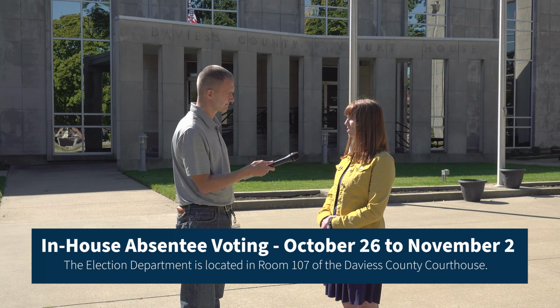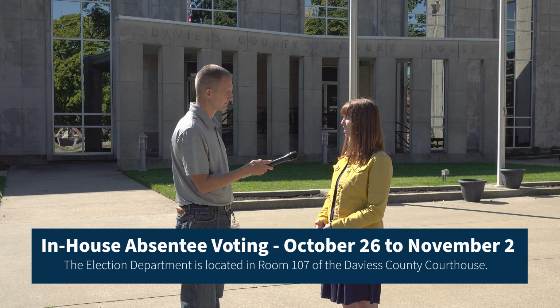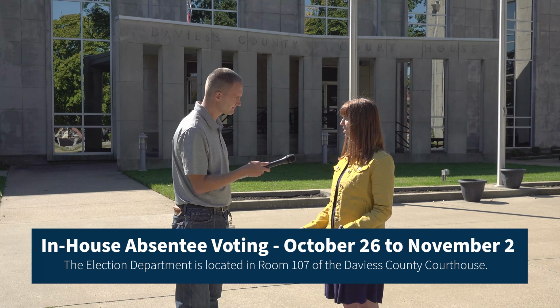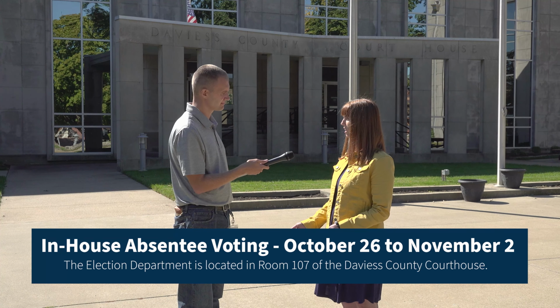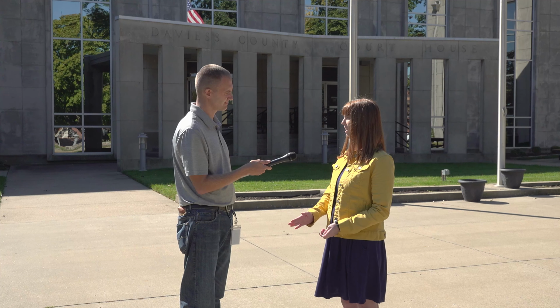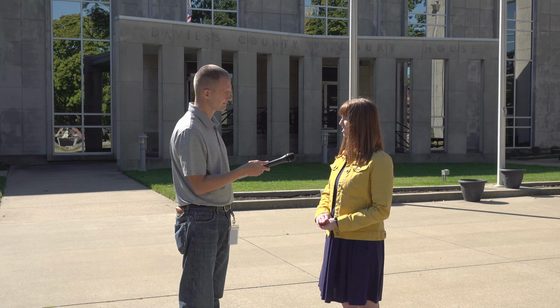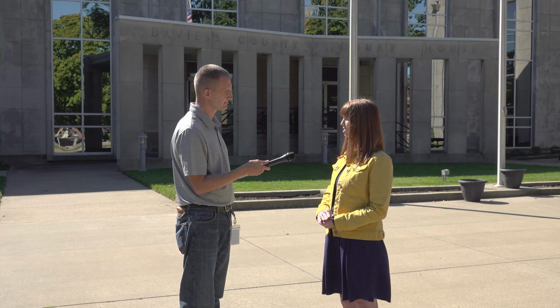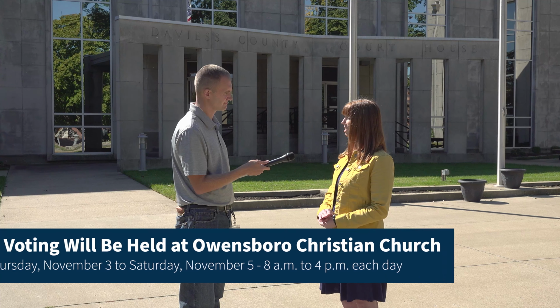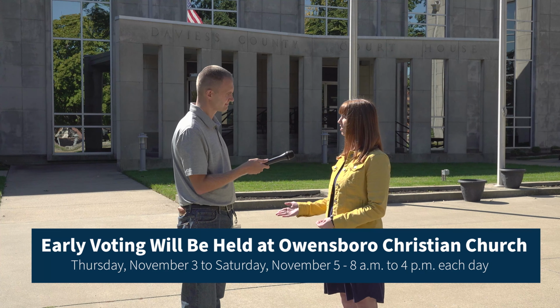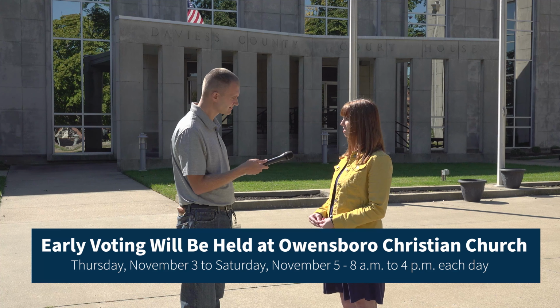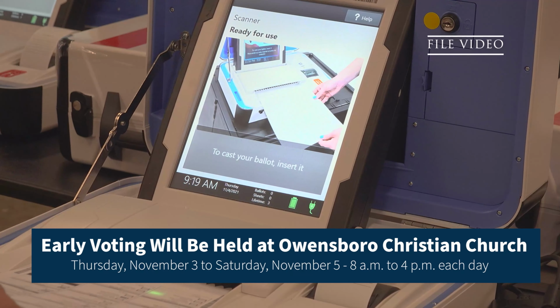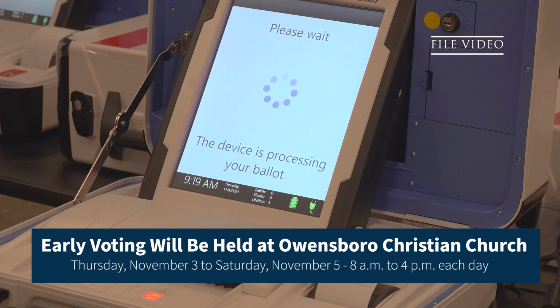So you'll come and do the same process as if you would go regular vote. We'll check you in on an e-poll book, you'll get your ballot, you'll vote, and that will be that. And then after 6 business days of in-house absentee voting, you can then early vote. In early voting, you do not have to have an excuse. So early voting is the Thursday, Friday, Saturday before Election Day.